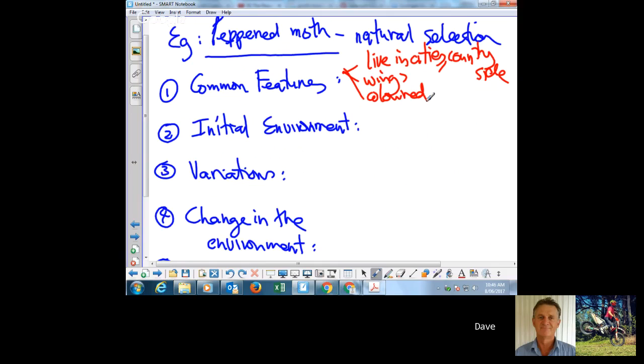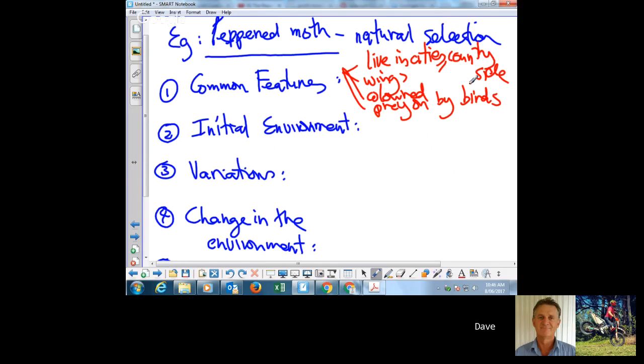And they are preyed on by birds. So these moths are living in the cities, in the countryside, and there's some different coloured ones. They're able to fly around, but the birds find them and eat them.